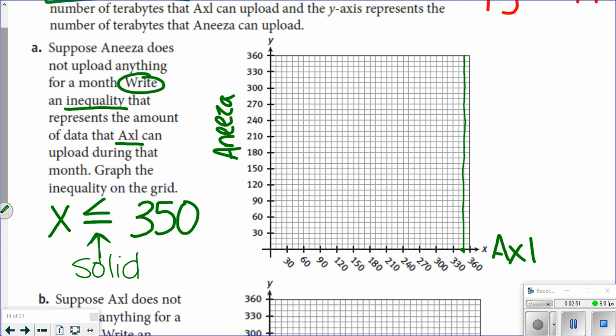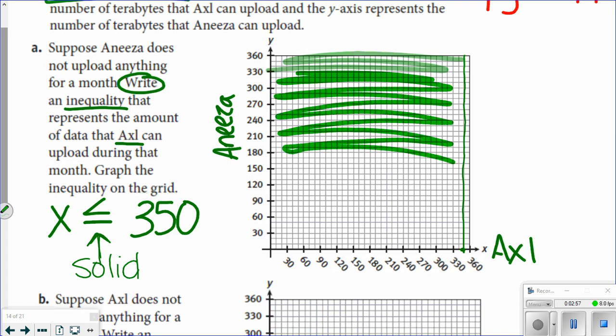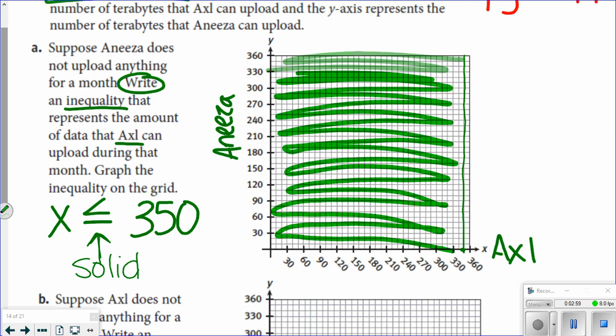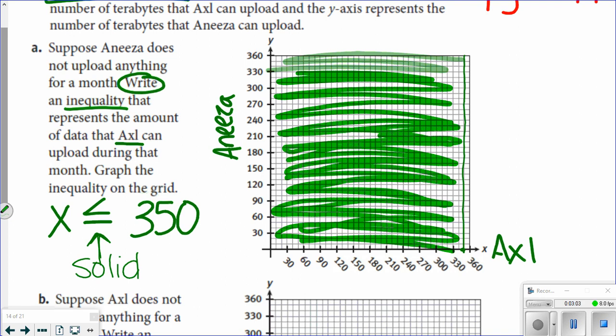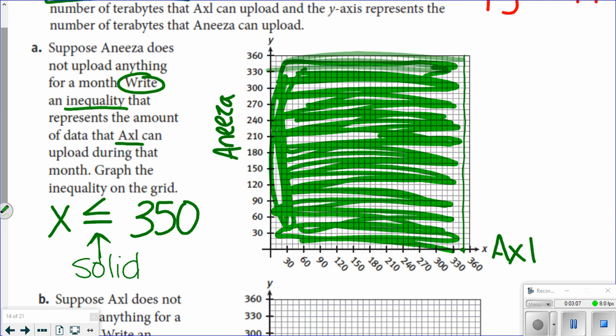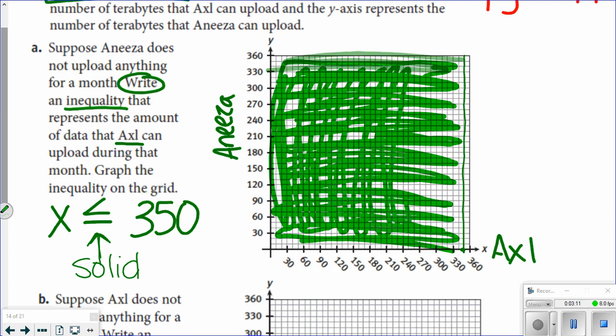Yes, so we are shading everything to the left of our line. So shade the entire graph to the left except for that one little strip or column of boxes.